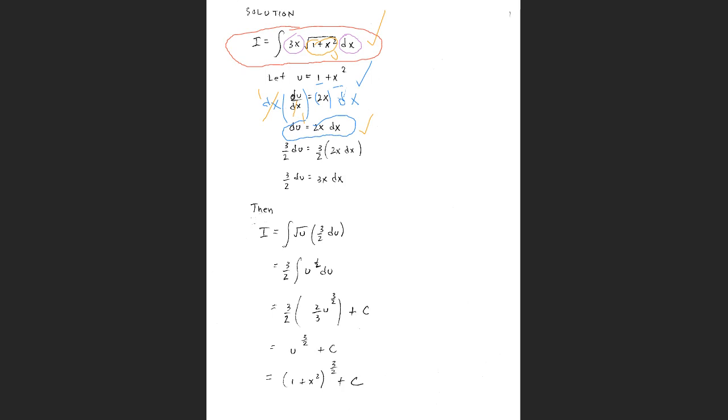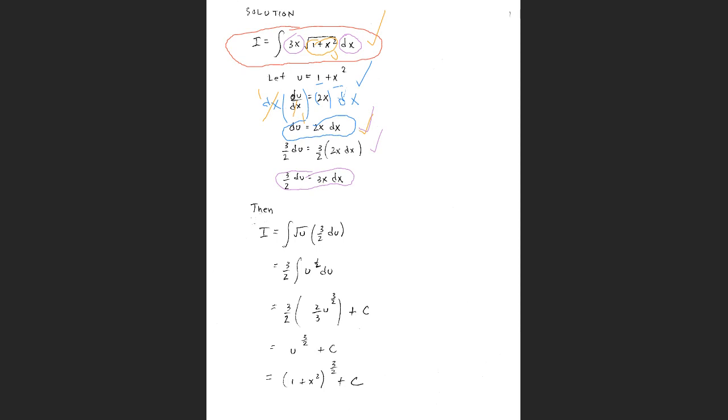I have to replace that with a function of u also. Since du is equal to 2 times x dx, if I multiply both sides of that equation by 3/2, then 3/2 du will equal 3x dx.